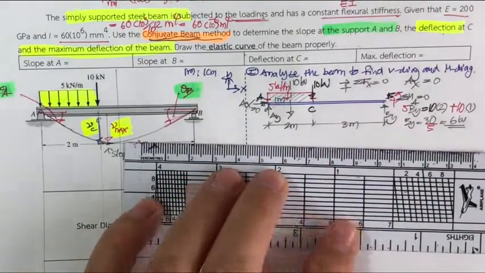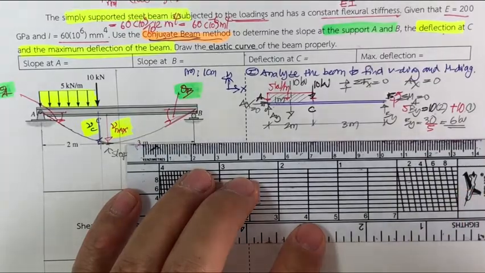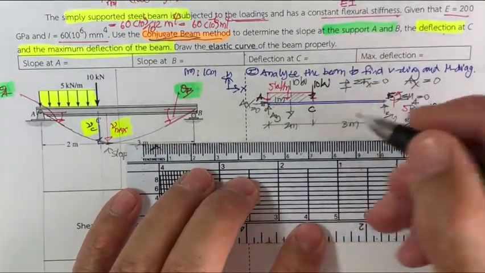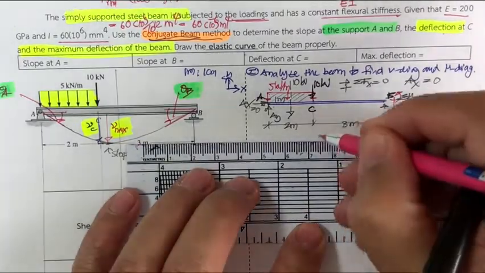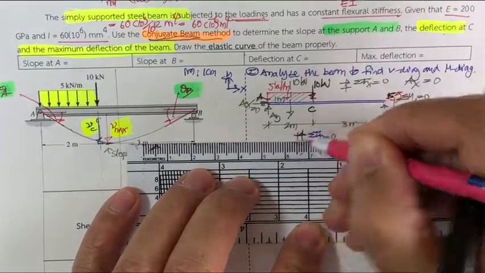And next, last one, we can determine the A sub y. So we do the summation of F sub y equal to 0. This time up is positive.